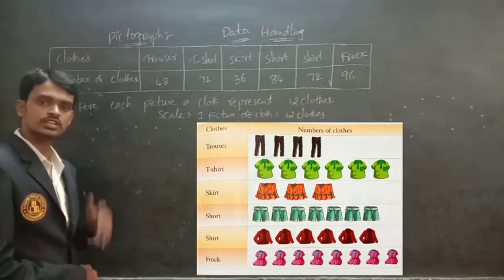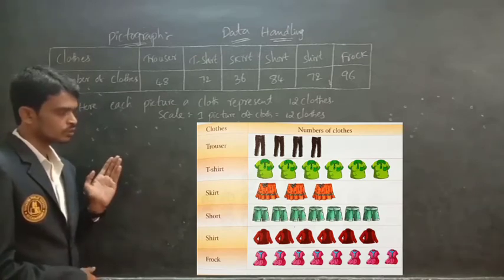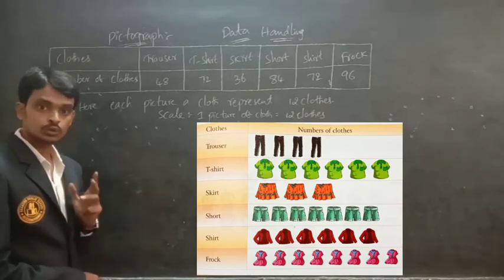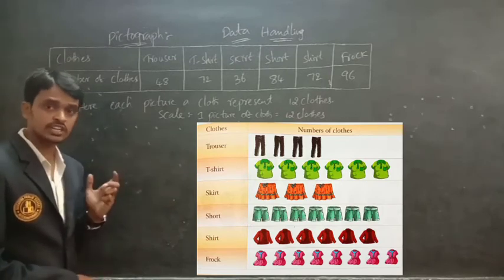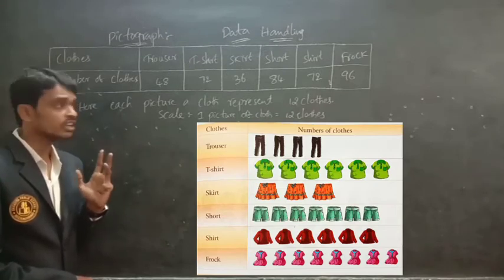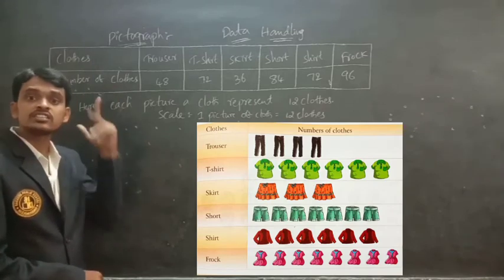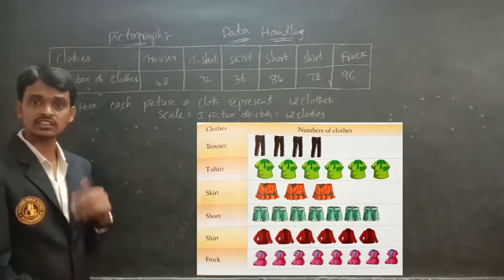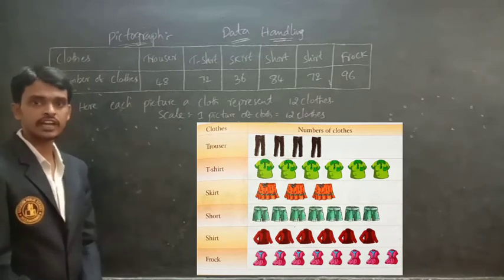How many pictures of skirts are there? 1, 2, 3. Yes, 3 pictures of skirts are there. Each picture represents 12 skirts. Then 12 threes are 36. And next, shorts are 84.